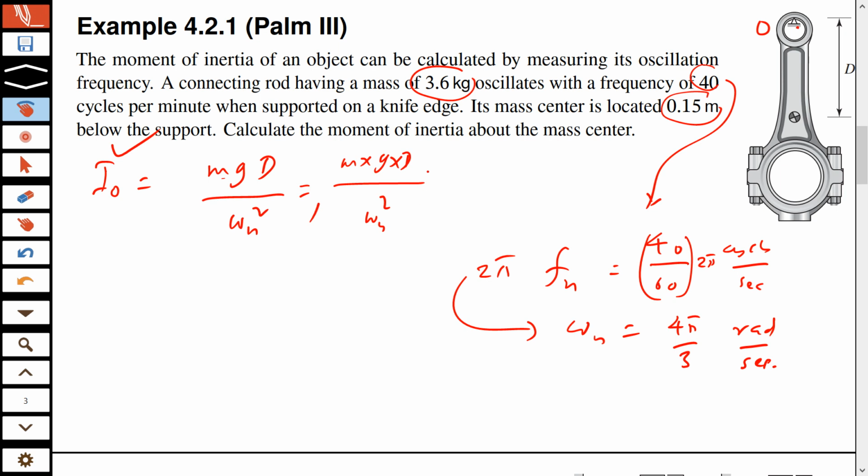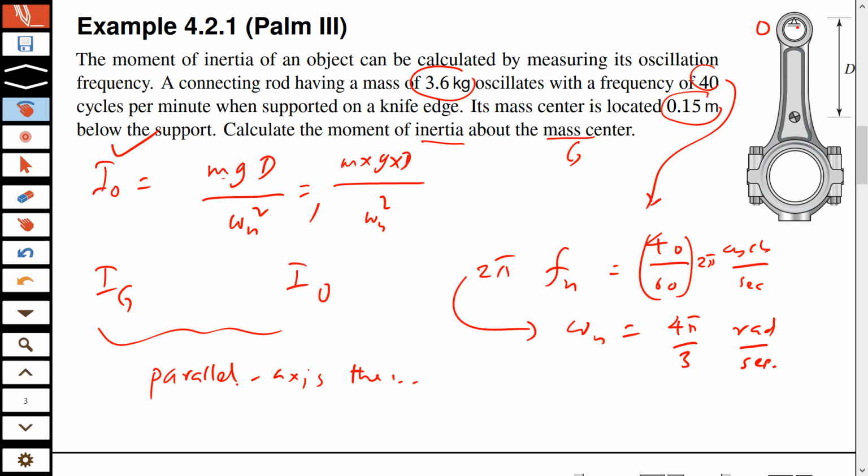Now my actual purpose is to find I about the mass center, which is G. So IG or IO के दरमियान क्या relationship है? For that, we use the familiar parallel axis theorem, which you have used many times, that I about a point which is away from the center of mass is simply I about the center of mass plus the total mass of the object times the distance between G and O squared, and that is D in this case.